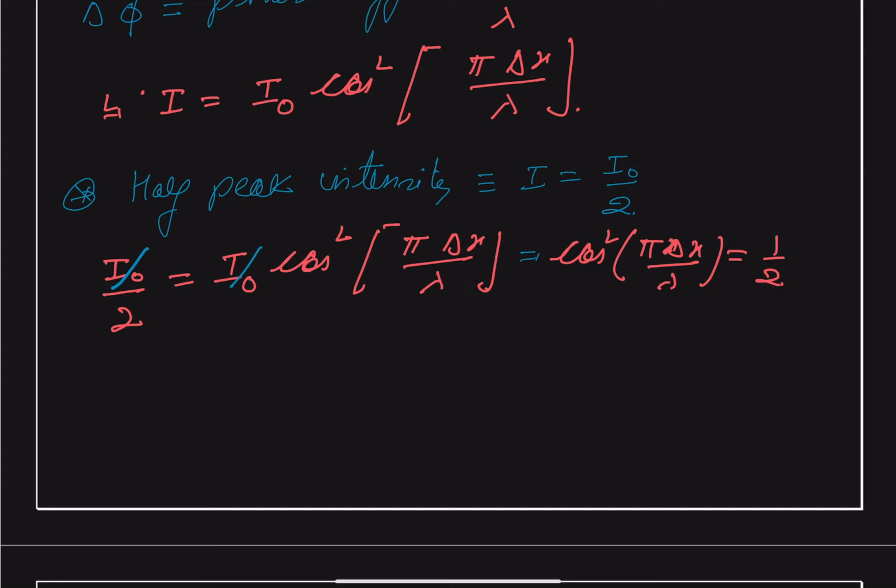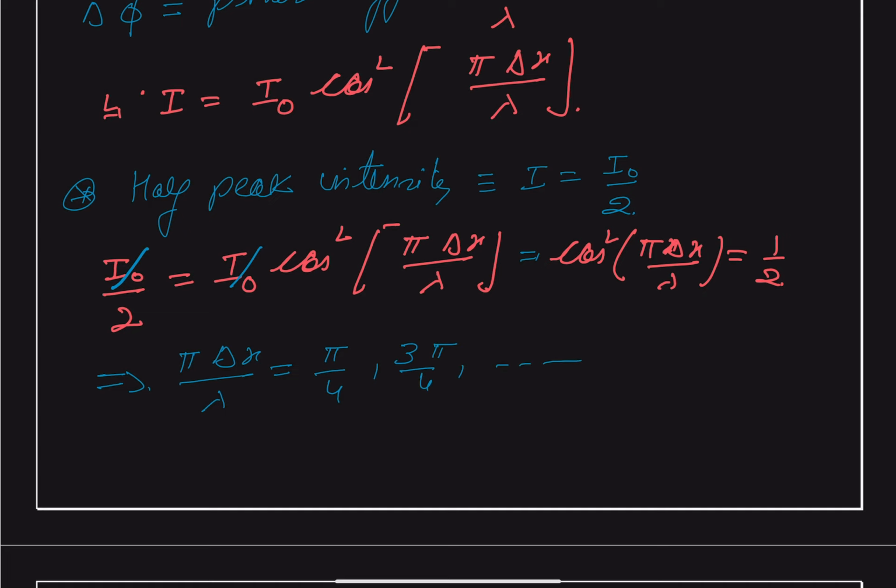And from here we can write that our pi delta x upon lambda is equal to pi by 4, 3 pi by 4, and so on.